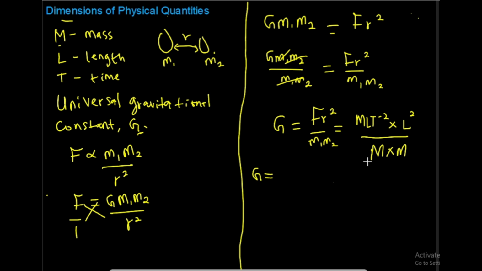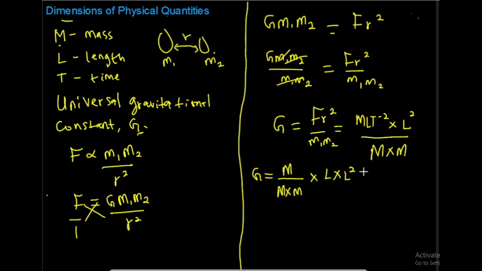Here we take like terms. Let's take all the M's together. We have M all over M times M. Then we have L and L here, so we take them together: L times L squared.